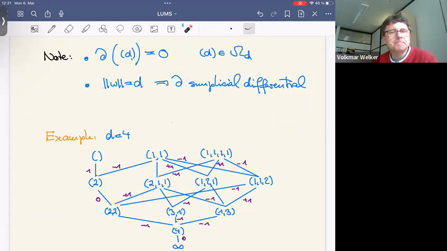Okay. So let us understand this differential I just described a little bit better. First, I haven't yet explicitly said what the differential is for the composition with one root of multiplicity D. So the whole polynomial is essentially (x minus the root) to the D. This is, in the case D equals 2, this parabola.